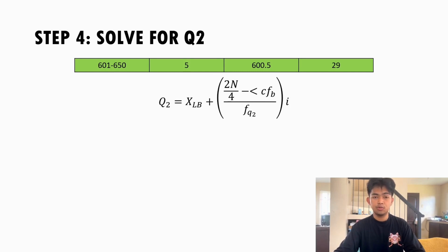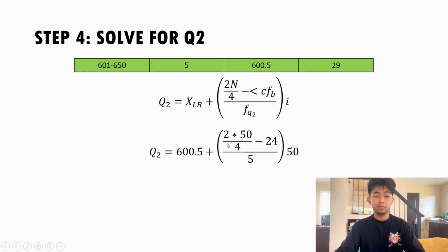Next we need to solve for Q2. So, same as Q1, we will be using the formula for Q2. Lower boundary plus 2 times n over 4 minus less than cumulative frequency over frequency of Q2 times the class interval. Now, our lower boundary is 600.5 plus 2 times total frequency of 50 over 4 minus less than cumulative frequency, which is equal to 24, and we got that by subtracting 5 from 29.